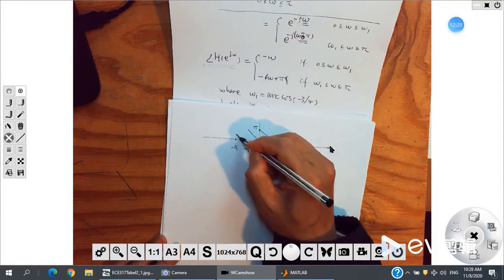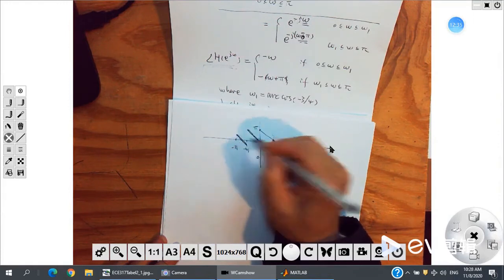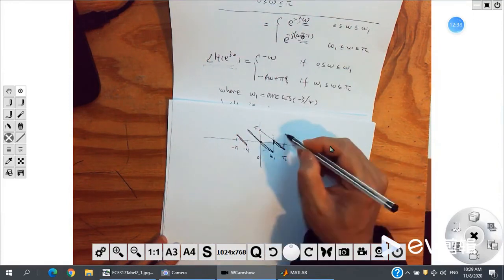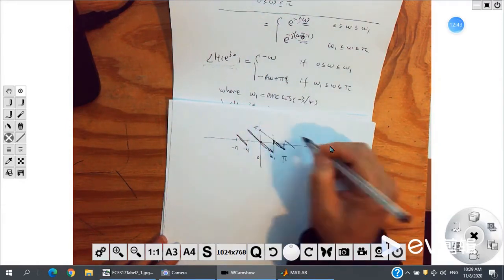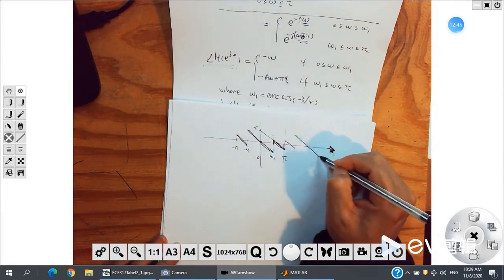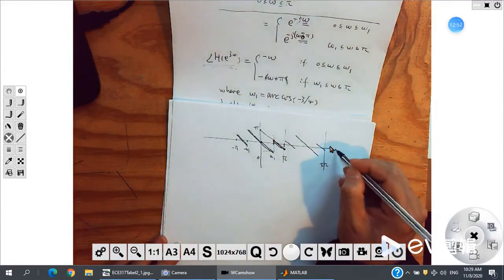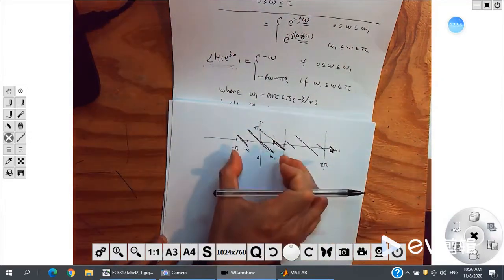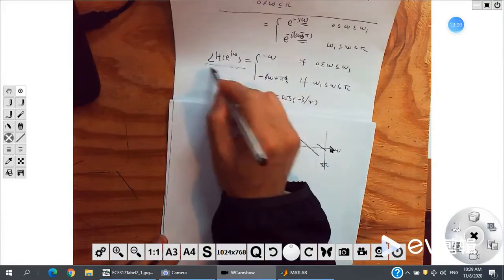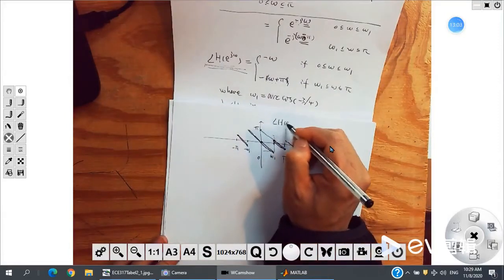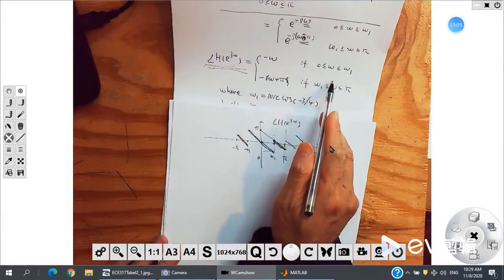So we have three segments from negative pi to pi, and then you repeat this: the same small piece, then a long one, and the small piece. This is pi, this is omega. So you repeat this piece by piece, then you have the phase angle. So we have a graph that looks like this, and a function like this.